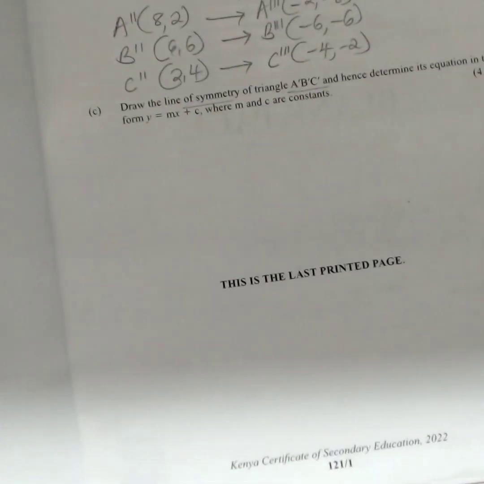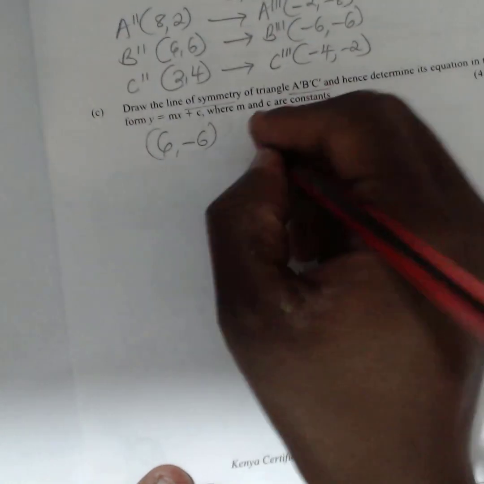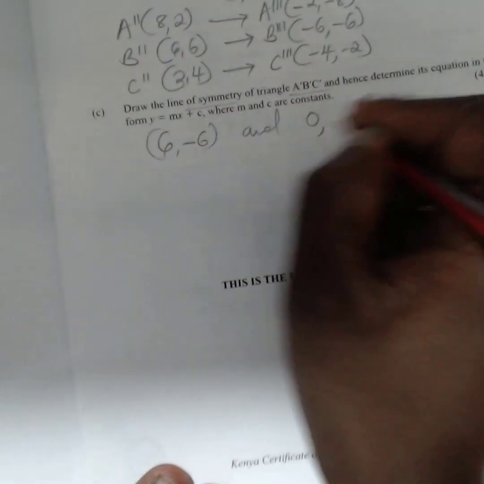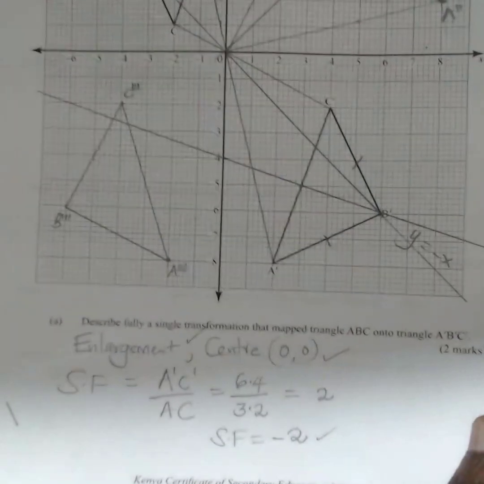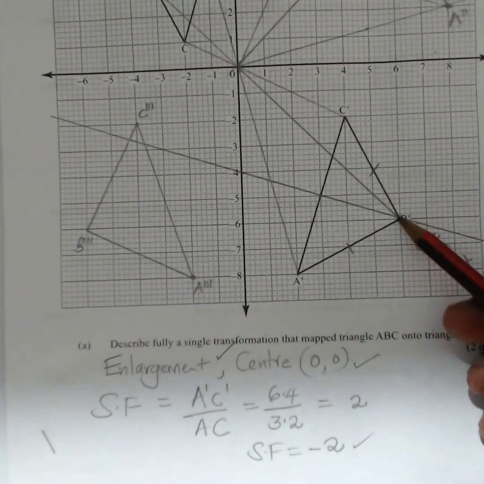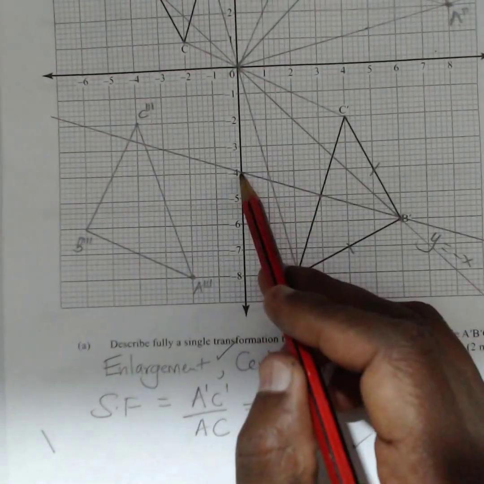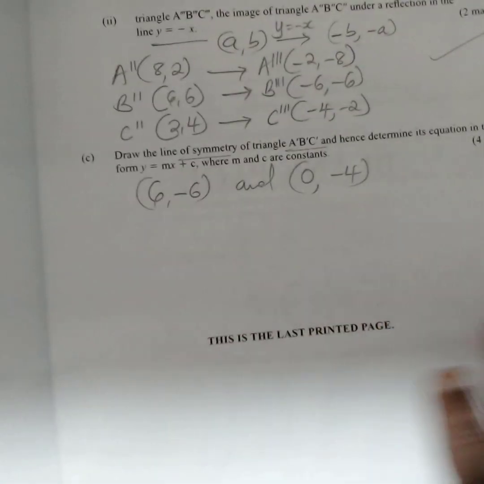So we pick 6, negative 6, and 0, negative 4. Let me show you the lines again, and the points again. So this is the point 6, negative 6, and 0, negative 4. I can use those two. You can pick any other point. So how do you get the equation?